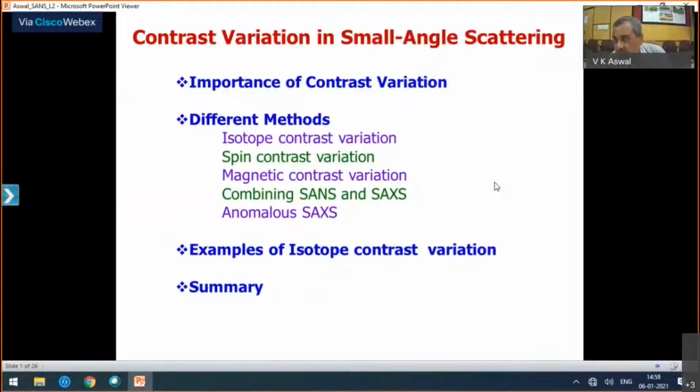He will also tell you once again, and then he will carry on with the issues with small angle neutron scattering, where we don't talk in terms of coherence or incoherent length, but length densities. We're talking about densities and not just atomic coherence length, and he will come to that shortly. I'll request Dr. Aswal now to come and deliver the lecture.